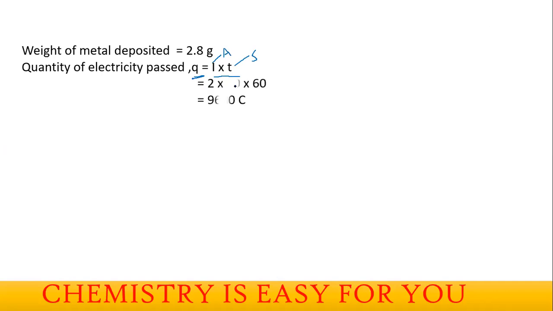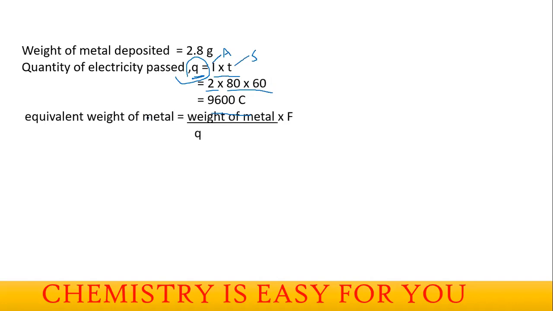The current passed is 2 ampere, and time was given in minutes, so we convert it into seconds by multiplying with 60. So 80 into 60, and 9600 coulomb will be the quantity of electricity passed.